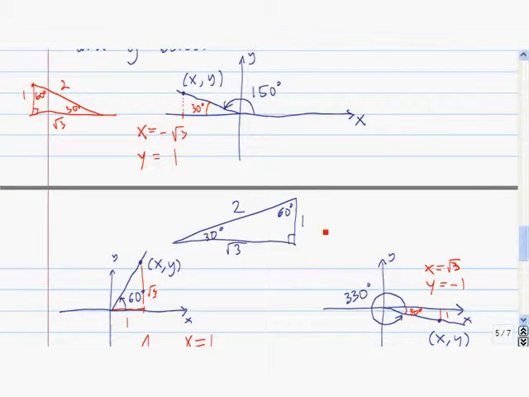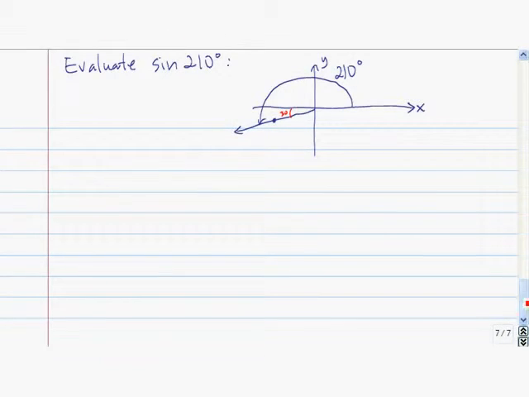Using this triangle here, I can now put values for x and y. This value of x here is negative square root of 3. And this value of y is negative 1.